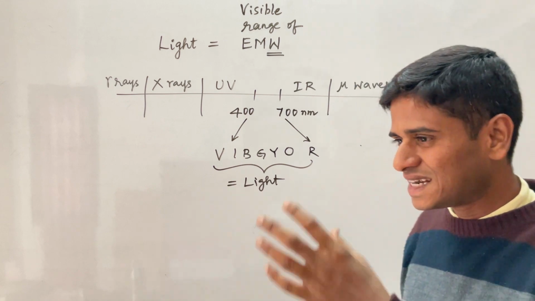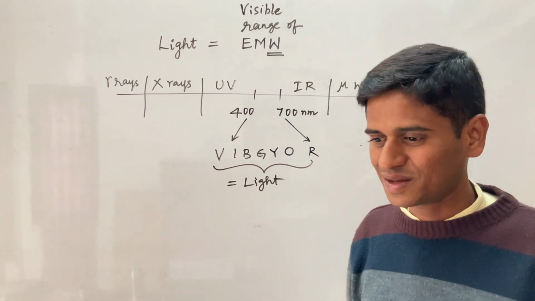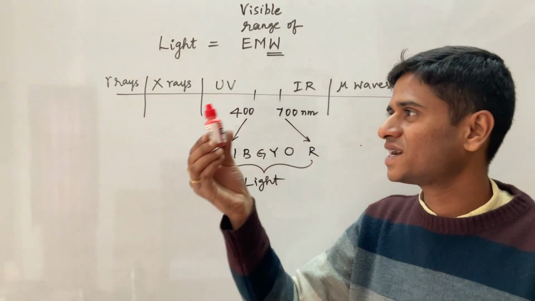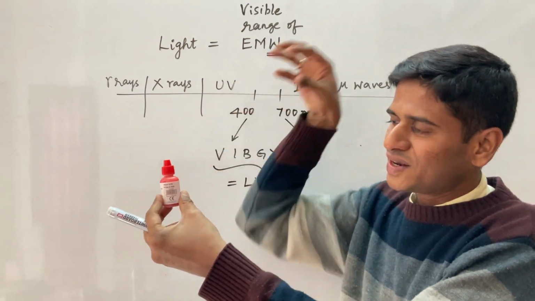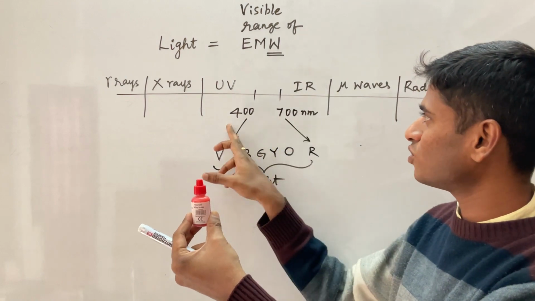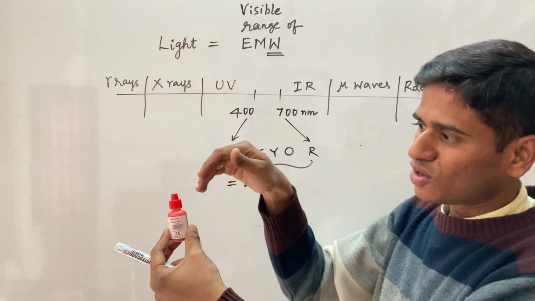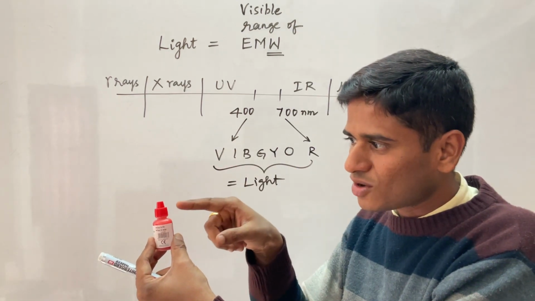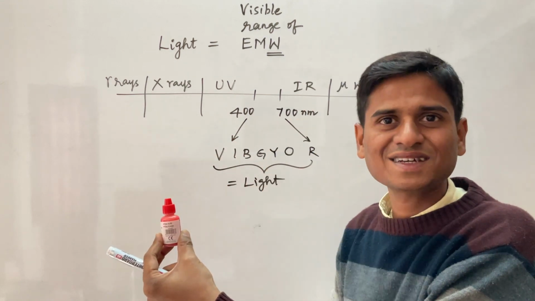It is a very amazing design of this world. Say you have a red object. Its property is this: when white light falls on it, white light basically meaning all the frequencies from 400 nanometer to 700 nanometer, the red object absorbs all other colors but only reflects red light.